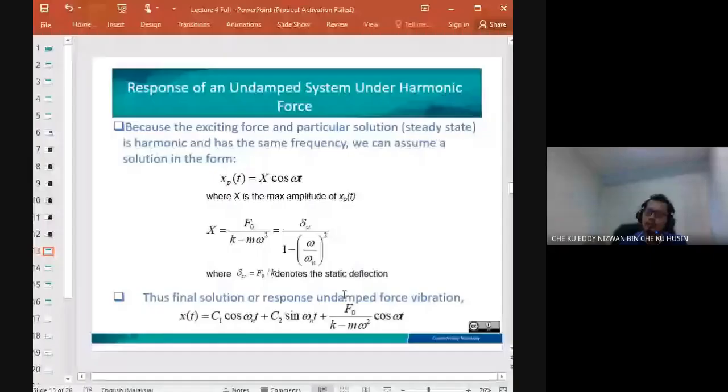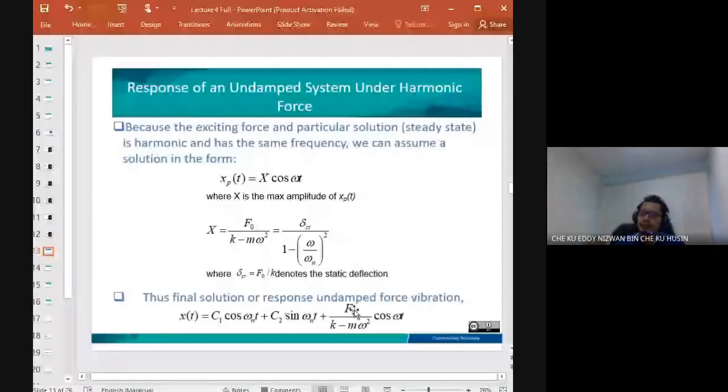So high F naught is of course proportional to the amplitude of vibration. Sometimes the high vibration is due to the machine defect, so you can just repair the defect, change the components, and it can reduce the vibration. That is one of the solutions.